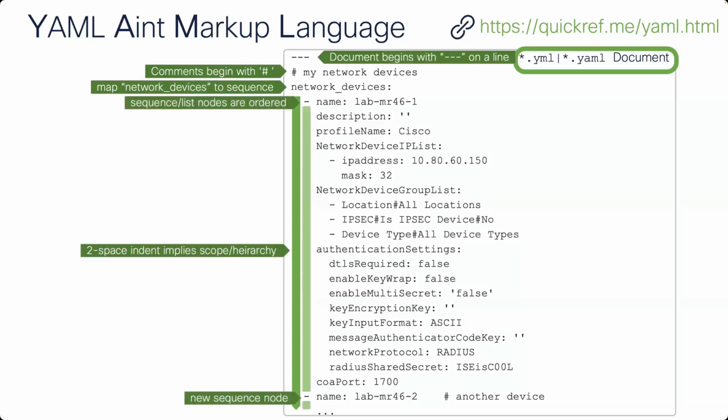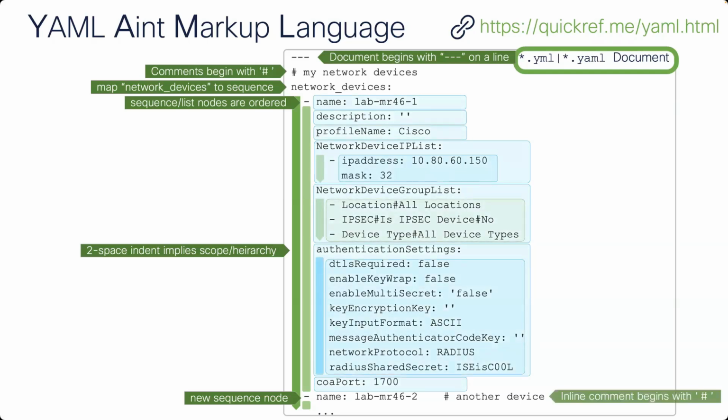And then another indent would say any objects below this belong to the lab MR46-1. And you can see we have a new sequence down here that has a new object notation for it. So all of these are objects with different lists and dictionaries attached to them. You have inline comments as well, so you can comment on the same line. Again, hashtag and space for that.